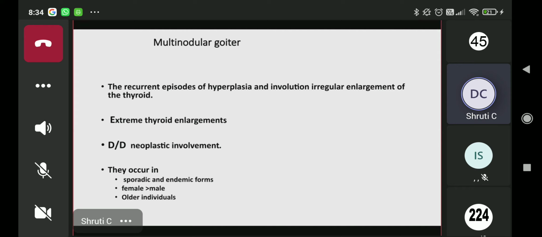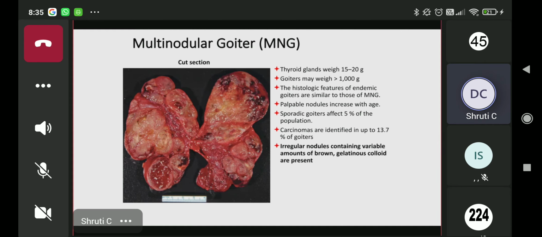When there are recurrent episodes of hyperplasia, involution, again hyperplasia and involution, it will lead to irregular enlargement of the thyroid. So there will be multiple enlarged nodules, and like you can see in this picture, the thyroid gland normally weighs 15 to 20 grams, but these multinodular goiters can weigh more than 1 kg, and you can see there are multiple nodules.